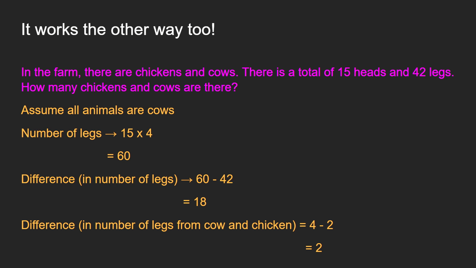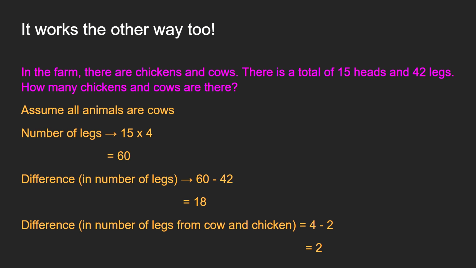Assume all animals are cows. So the number of legs is 15 times 4, which is 60. And the difference in the number of legs from the question is 60 minus 42 equals 18. And our difference between the number of legs a cow has and the number of legs a chicken has is still the same, 4 minus 2 equals 2. And note that this time the bigger difference is a surplus instead of a shortage, an excess.